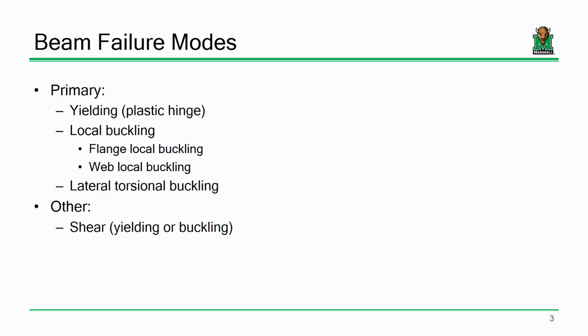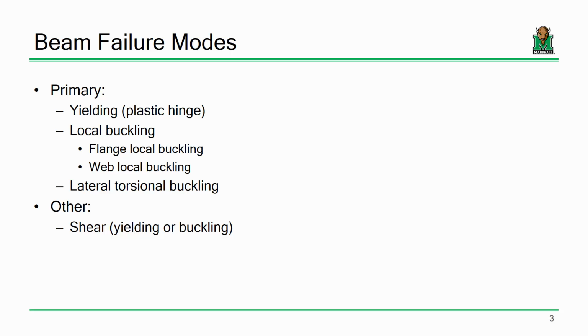So primarily we can experience yielding, which beam yielding is its own special consideration. You've probably at least heard of the idea of a yield moment versus a plastic moment. If it's been a while since you've talked about that, no big deal. We're going to cover it in significant detail. We're going to spend a lot of time talking about the different ways that beams can buckle.